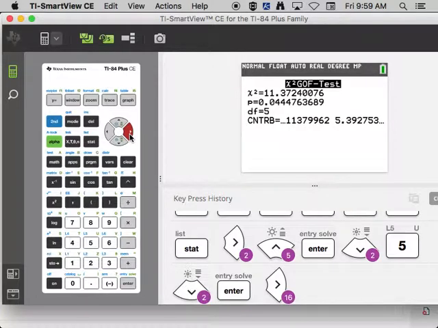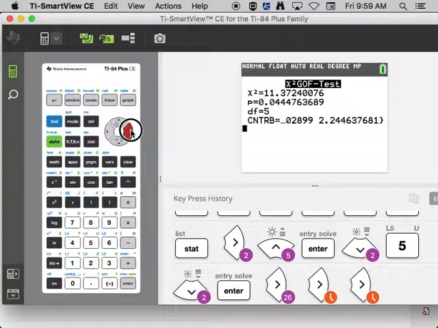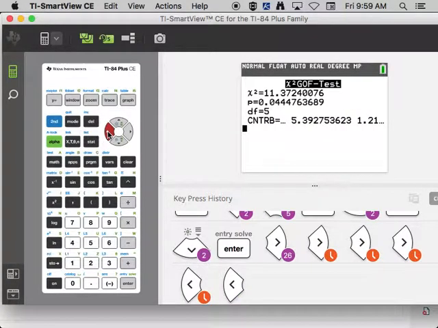Whoa, green, calm it down. 5.39. Not as much, not as much, not as much. Okay, yeah. So which one is contributing the most? Green. So that's what that list is for you. It's just showing you which one contributes the most, which one is the most different. Here, green is contributing the most.